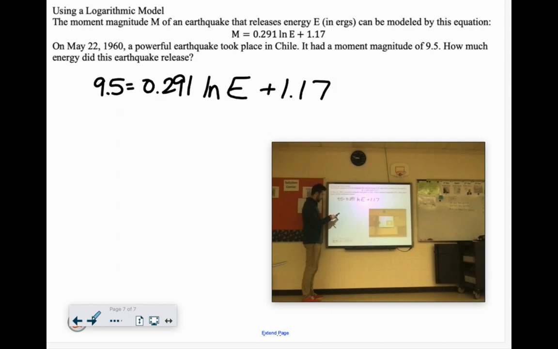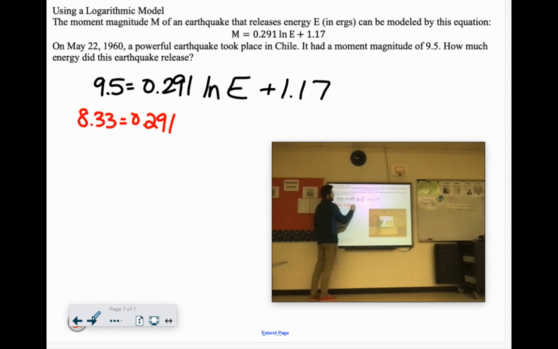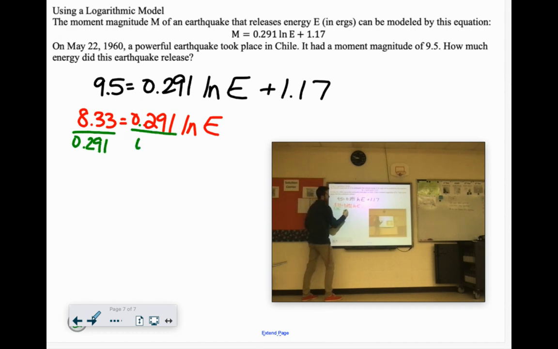So let's do 9.5 minus 1.17, 8.33 equals 0.291 ln E. And we're going to divide by that 0.291. And 8.33 divided by 0.291 is 28.625.